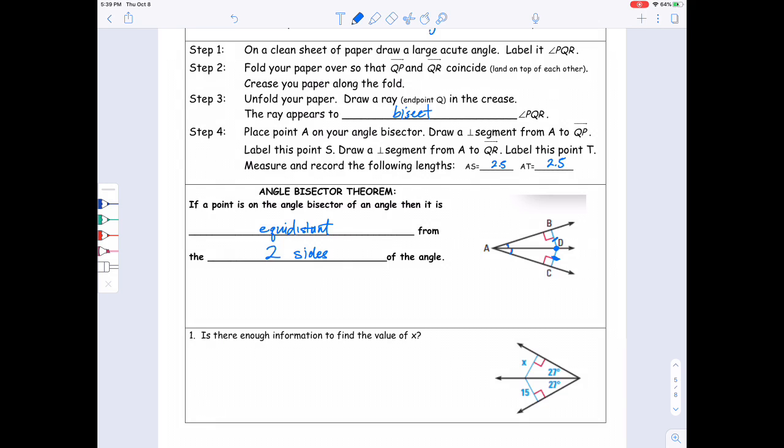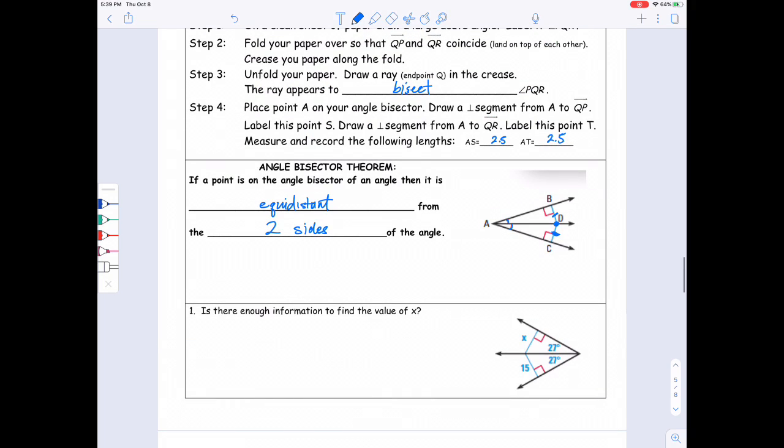Alright, so let's kind of apply this in an example. So is there enough information to find the value of x? So looking at this first problem, we can see that the only thing given really is 27, 27, and that you have 15 on one side and you want to find x.